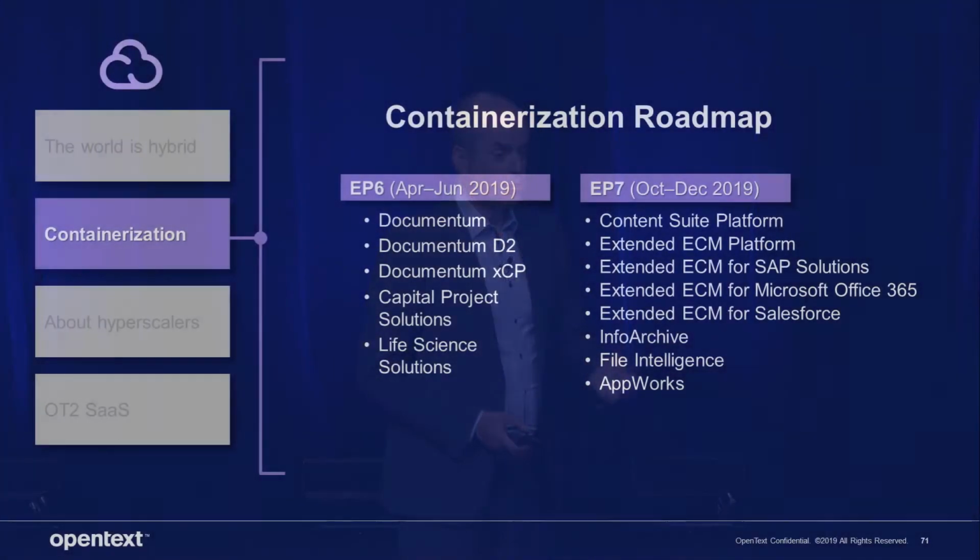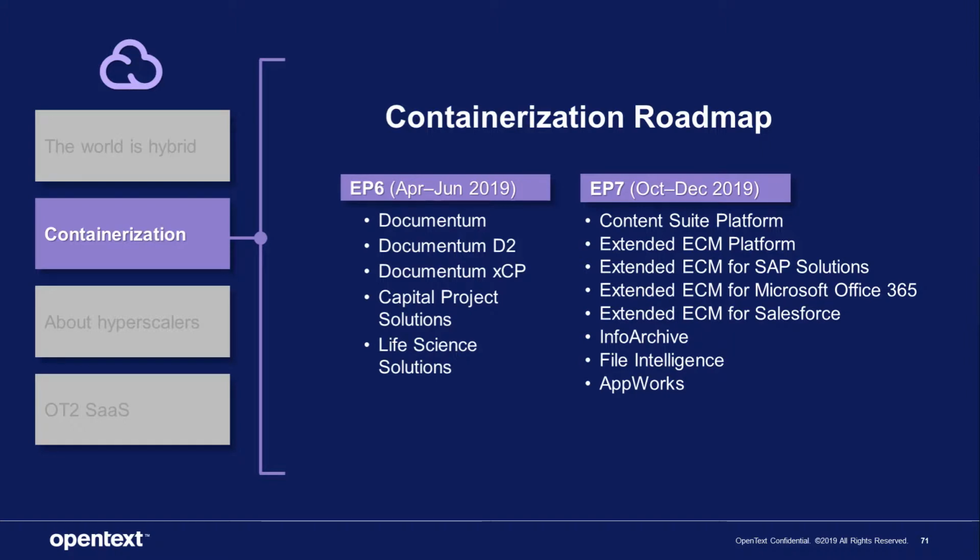And we as OpenText have some sessions at Enterprise World that elaborate on that concept. There's a breakout session, but there's also a deep dive that shows you hands-on how in 5 minutes we can deploy a whole Extended ECM solution on the Google Cloud Platform with Kubernetes. This is really eye-opening. You have to see it. And from the roadmap, we are ready for that. With EP6, we already have our Documentum solutions or Documentum-based solutions available as containers.